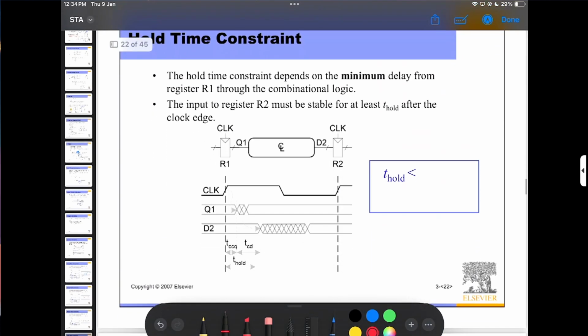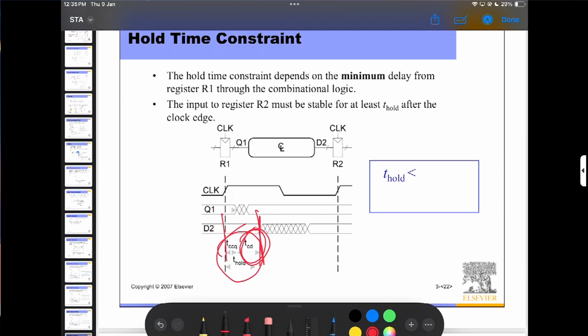And the hold time constraint. T hold, I already told, is less than TPCQ plus the combinational delay. So here we can see in this period my data should not be changed.